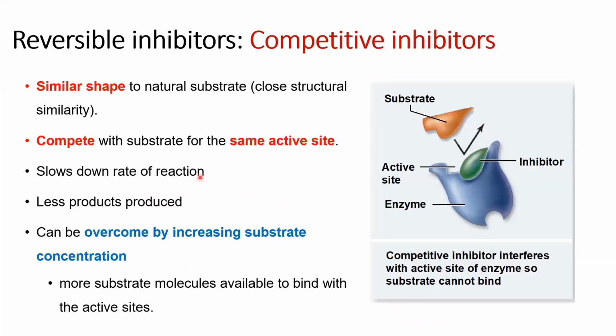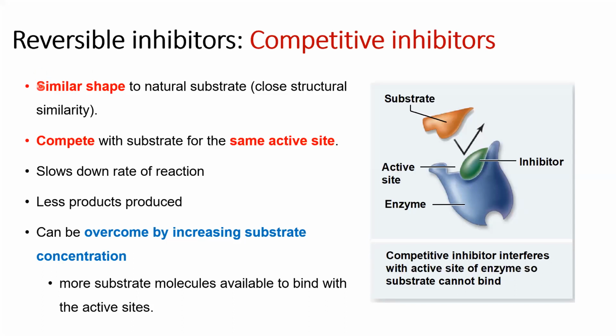Here is the detailed explanation for both inhibitors. For competitive inhibitors, they have a similar shape to the natural substrate, a close structural similarity. The shape of the inhibitor is not exactly the same, because the inhibitor and the substrate are different molecules.